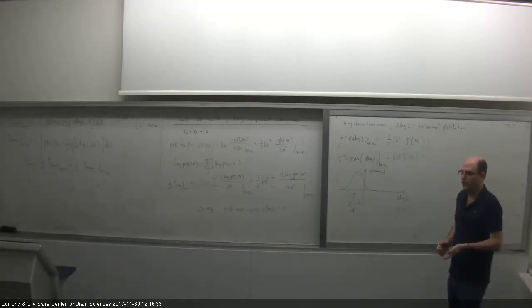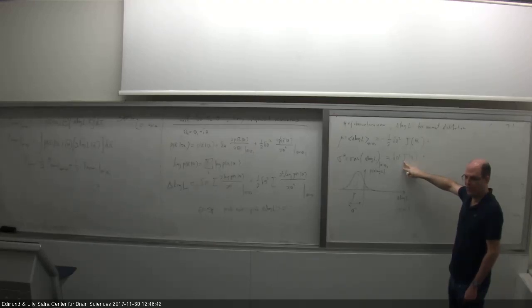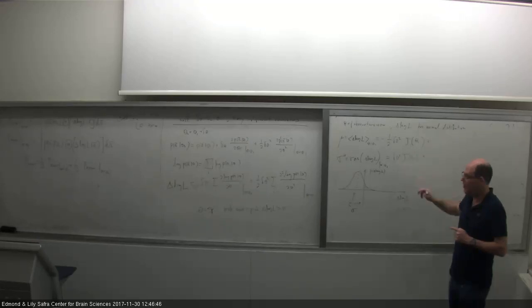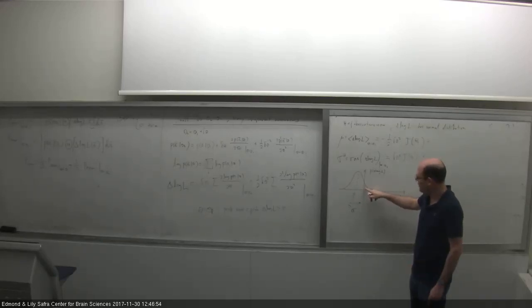So the mean increases proportionally to the number of observations. Variance also increases proportionally to the number of observations. Standard deviation increases like the square root of the number of observations. So the ratio between the standard deviation and the mean becomes smaller and smaller. And this is all that matters for the weight of this tail.